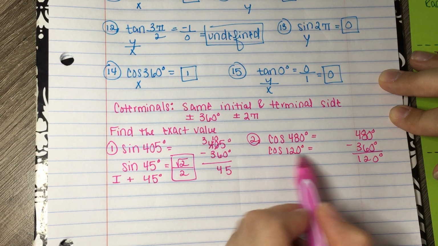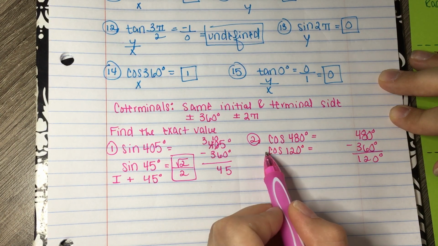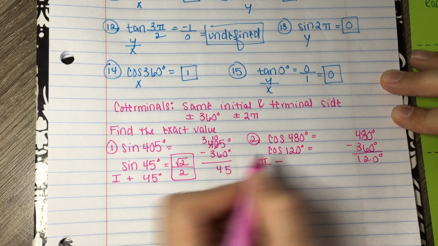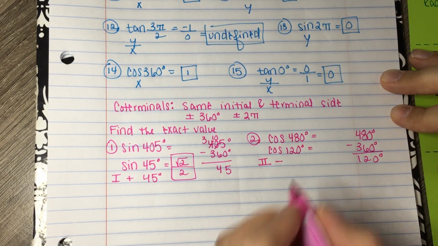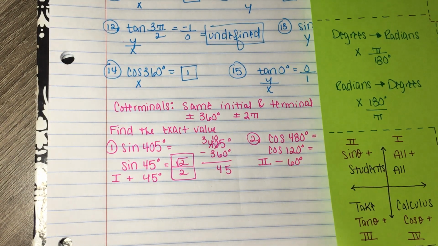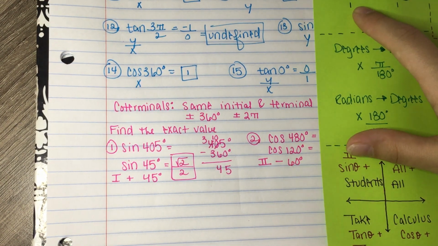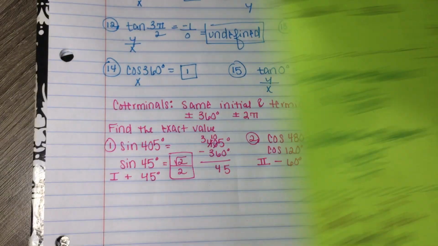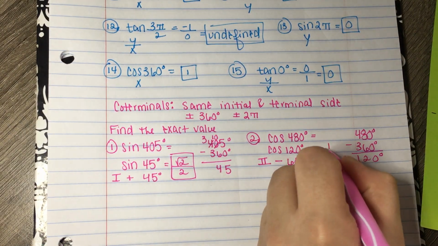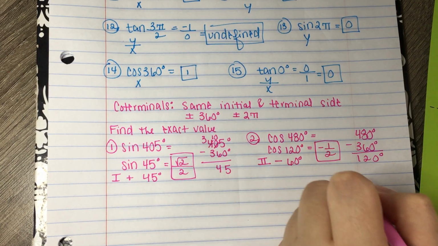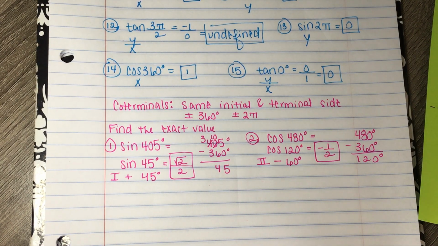We already know from previous videos how to solve cosine of 120, and we identify that that's in quadrant 2, where cosine is negative, sine is positive, and we're 60 degrees away from the nearest x-axis. So then I do cosine of 60 degrees, which is adjacent over hypotenuse, and I make it negative, and I get negative 1/2 here. That's my answer for cosine of 480 degrees. The answer is negative 1/2.